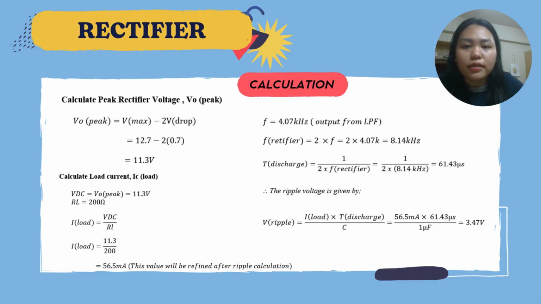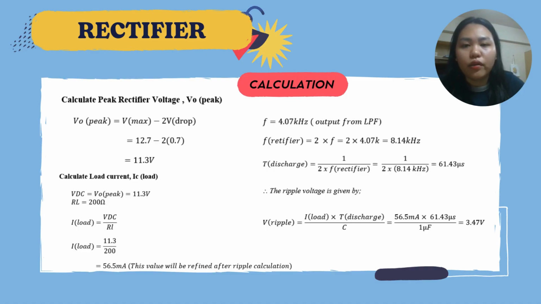And we got the answer 3.47V. Ripple increases with higher current or longer discharge time. It decreases with a larger capacitor. This ripple value is a first estimate and may be refined based on practical measurement or additional components.